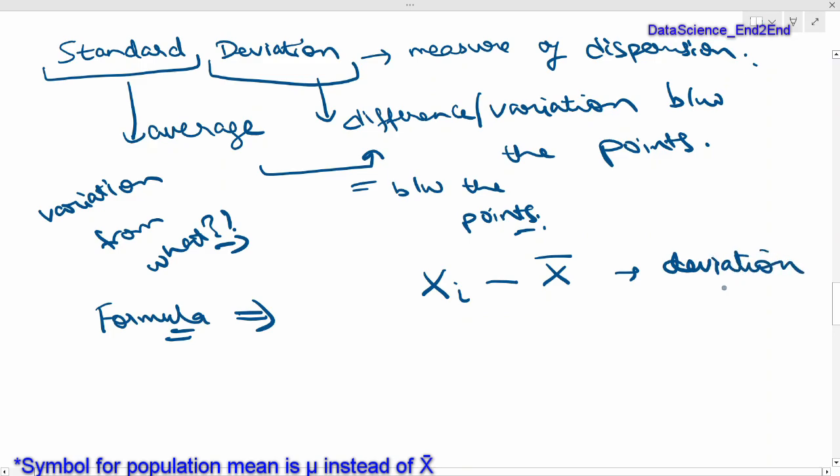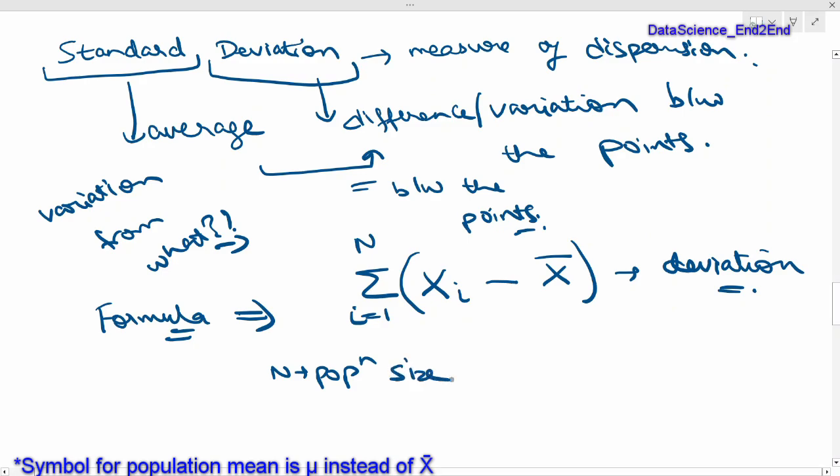So we are calculating the deviation of a point from the mean, and we are summing it up from i equal to 1 to n, where n is the population size. So we do the summation of i equal to 1 to n of xi minus x bar, where x bar is the population mean.